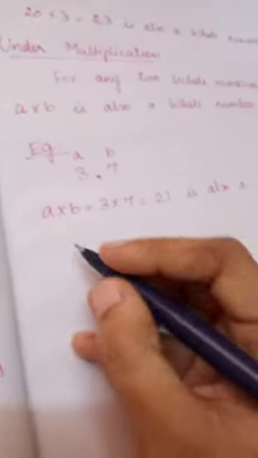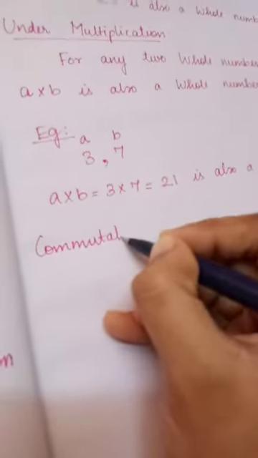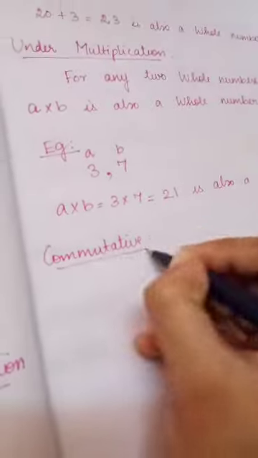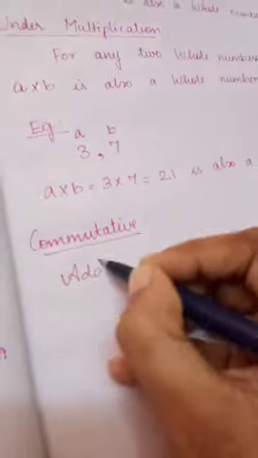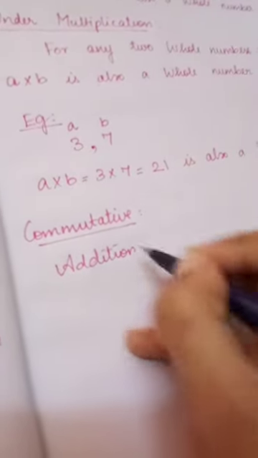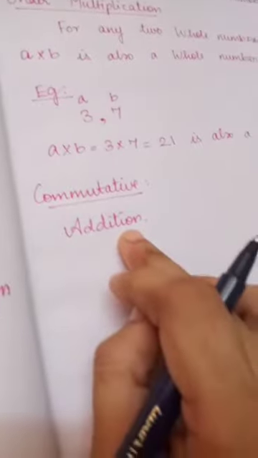Next is our commutative property. Commutative property is also only for addition and multiplication. Already, whole numbers satisfy only addition and multiplication.